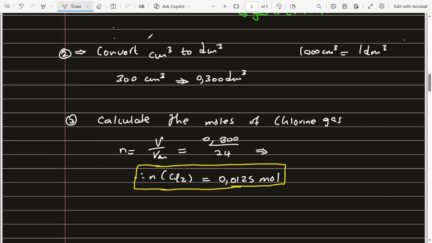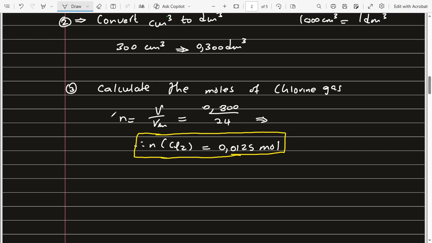Okay, so now what's next? Therefore, you use the mole ratio. This will be step 4. You're going to use the mole ratio to calculate the number of moles of electrons.